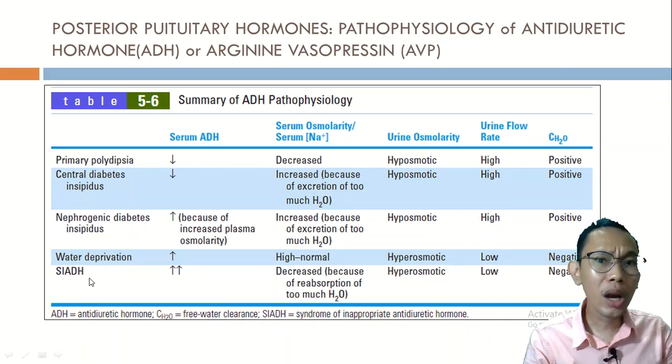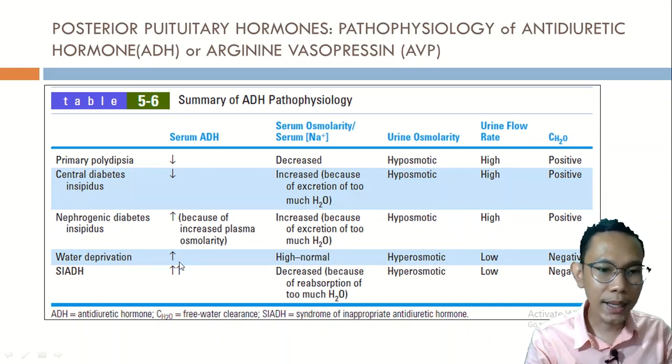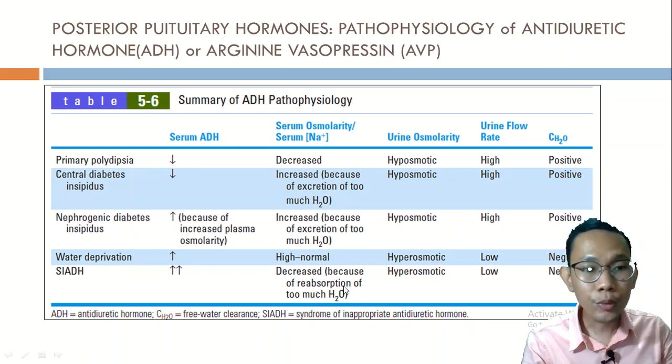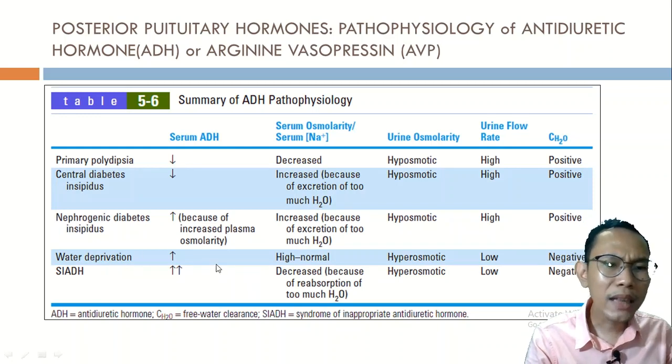Doc, paano po ang SIADH? Your SIADH, there is excess serum ADH. Napakarami, excess, kaya double arrows kasi nga maraming ADH. So ano nangyayari sa serum osmolarity? There will be decreased serum osmolarity because of reabsorption of too much water. Sobrang dami nating antidiuretic hormone.